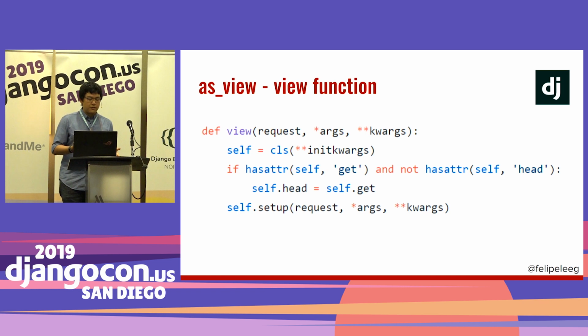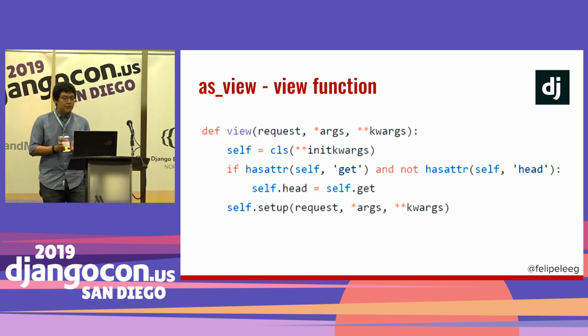So here is where our init kwargs come into play and get eventually into our class. The next thing it does is some handling to make sure that if you haven't defined head, you make head and get the same thing, because why not? And then setup. Setup is actually a pretty neat method that just got added in Django 2.2.